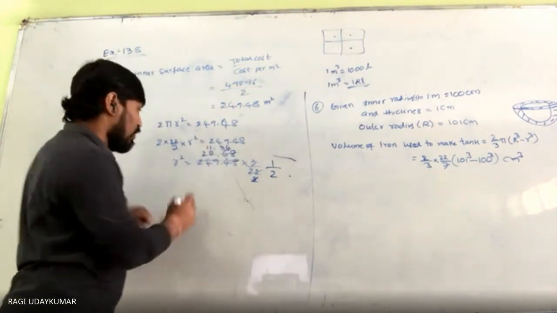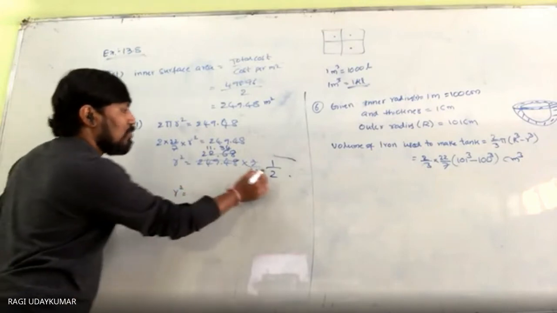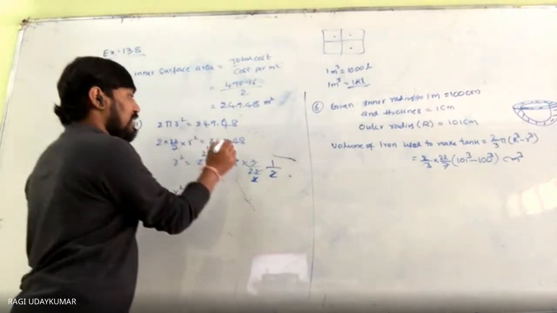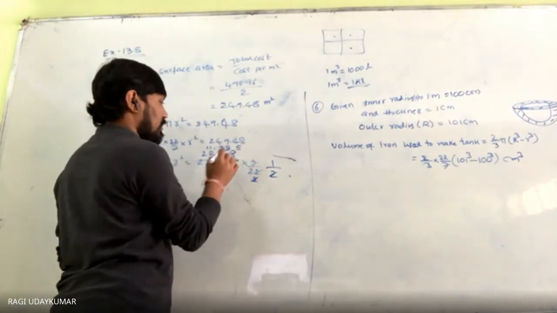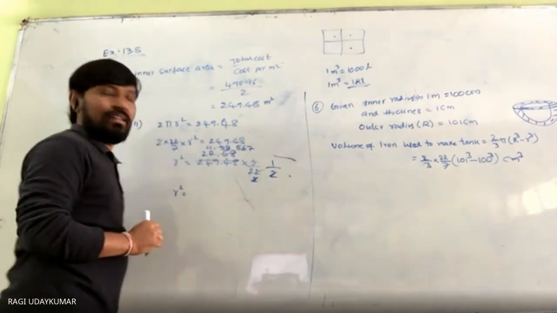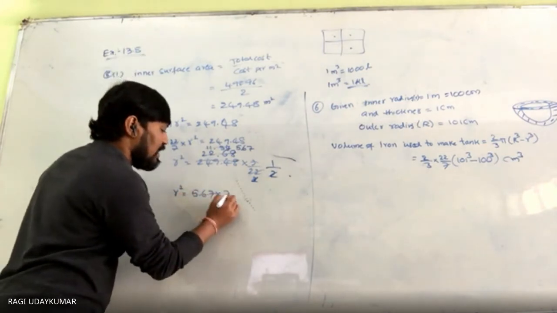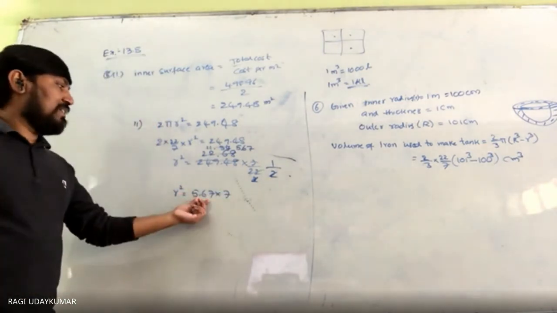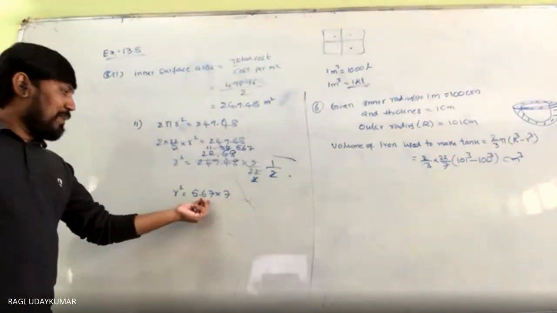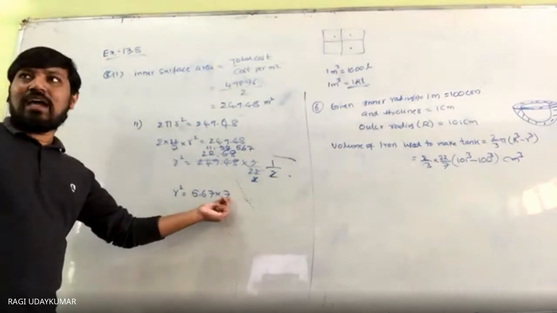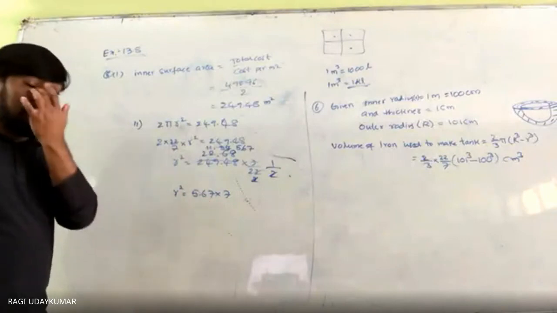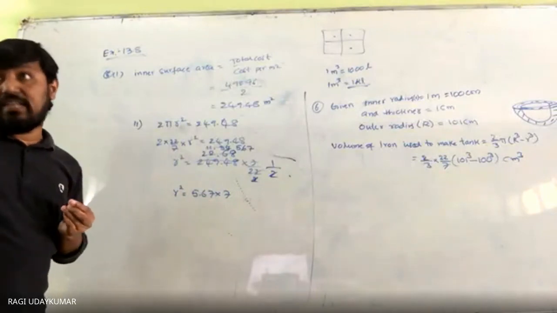11.34. So what do you get here? r square, one more 2 is there, if you divide it, 2 5s are 10, 5.67. So 5.67 into 7. We can divide this 5.67 by 7, because already 7 is there, and this is a square, so 5.67 can be written as 7 into 0.81.